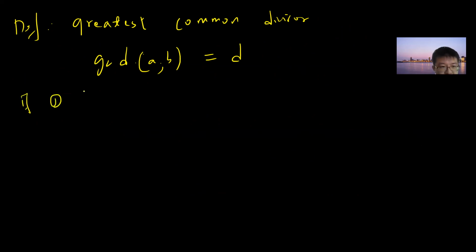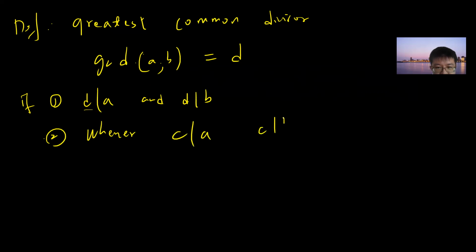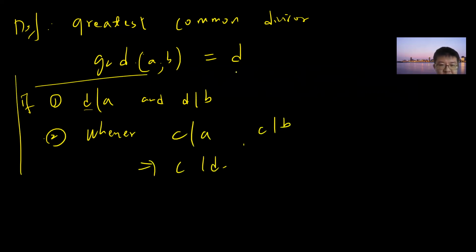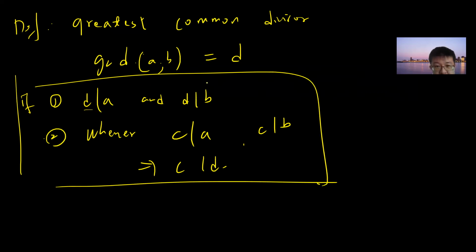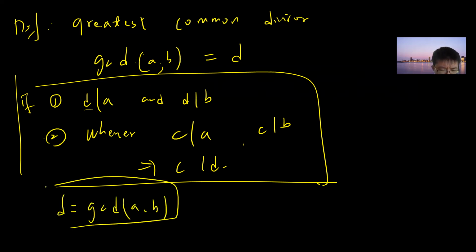The first is that D divides A and D divides B. And also D is the greatest, which says that whenever you have C divides A and C divides B, then you must have C divides D. This is the common sense of the greatest common divisor definition. I usually write D = GCD(A,B).